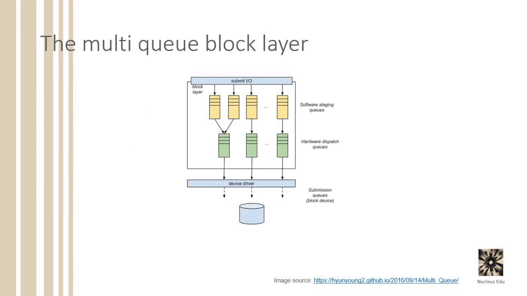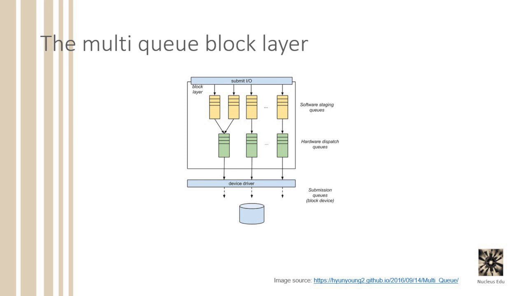Right, so this is a very simple depiction of the multi-queue block layer, where we see that the IOs are submitted from the bio layer, and there are a number of software staging queues, which, as I mentioned, is at times equal to the number of CPUs. And next are the hardware dispatch queues, which directly dispatch the requests to the device driver below.